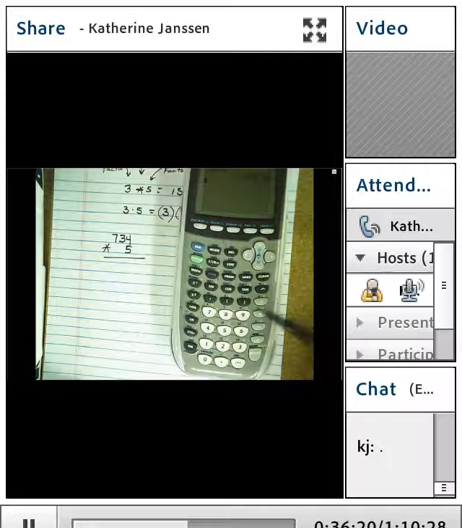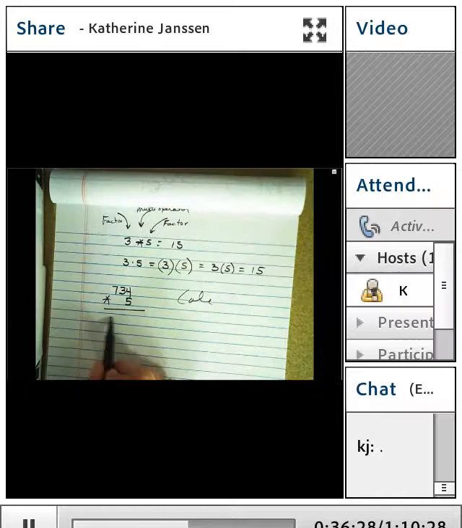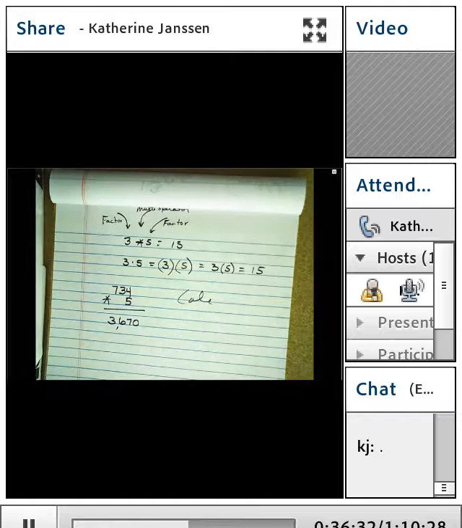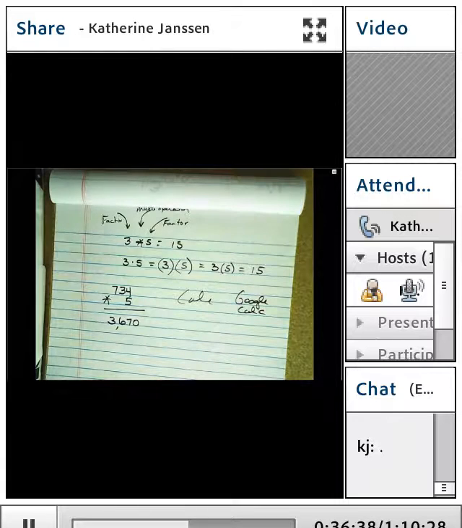So 734 times 5 is 3,670. And it would be the same for Google Calc. So you don't need to buy a calculator for this course. You can use Google Calc as a free calculator source.